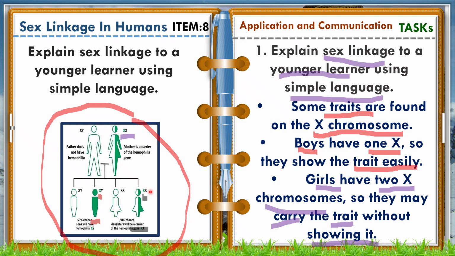She can only express the trait if she acquires both affected chromosomes. But she has one affected and another one is normal. So she becomes a carrier. What of the boy? The boy has only one X and the other one is Y. And because the X is affected, the trait is going to express itself and the boy is going to become hemophilic.